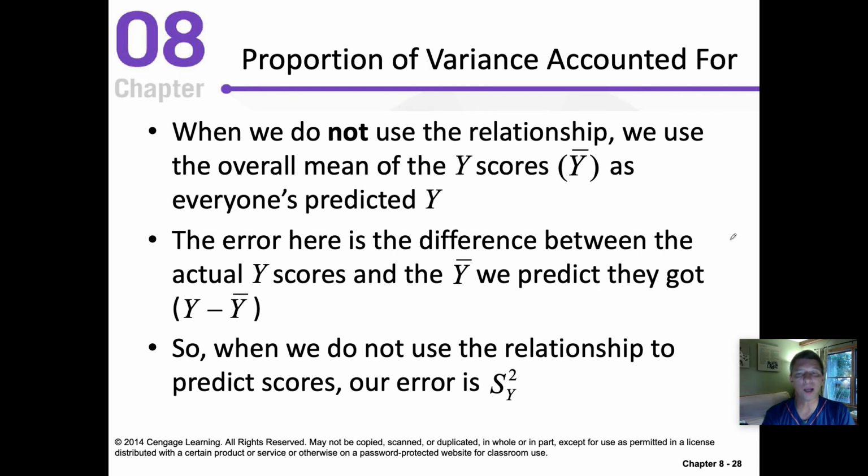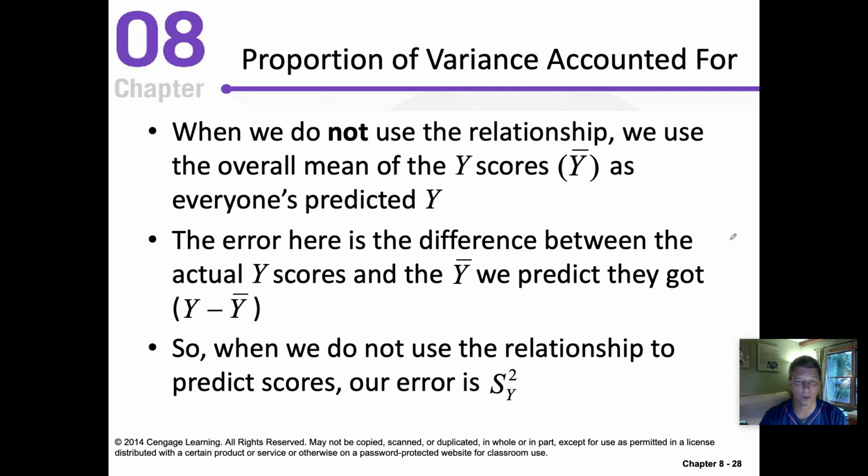So when we do not use the relationship, we use the overall mean of the y scores, which is the average y, as everyone's predicted value of y. Now, when we do this, the error here is the difference between the actual y scores and the average y we predict that they get.